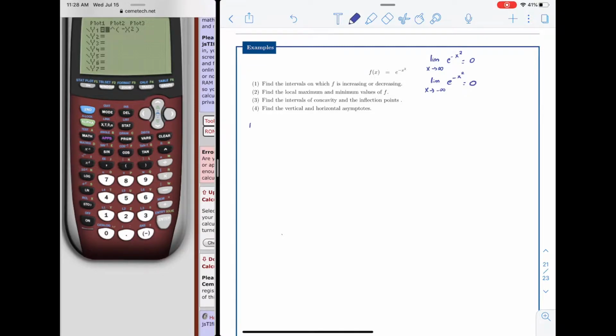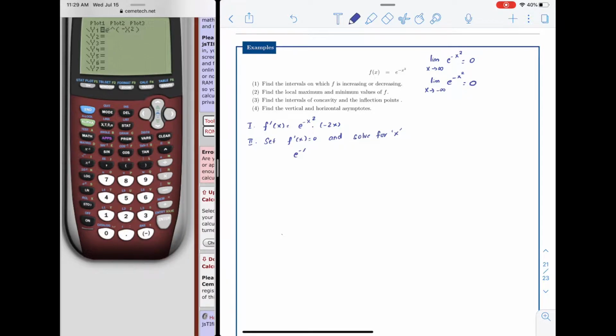Now, let's perform the first derivative test. F prime of x would be e raised minus x squared times minus 2x because of chain rule. We set f prime of x equal to 0 and solve for x to get the critical number.